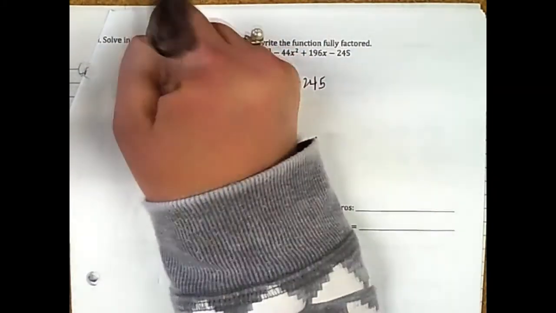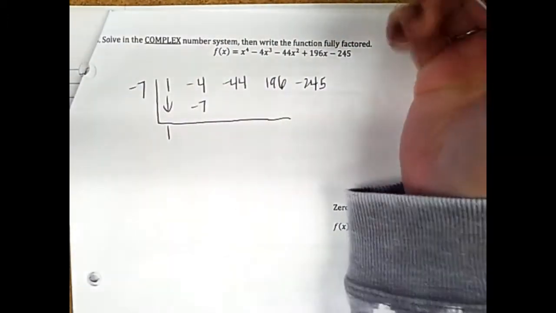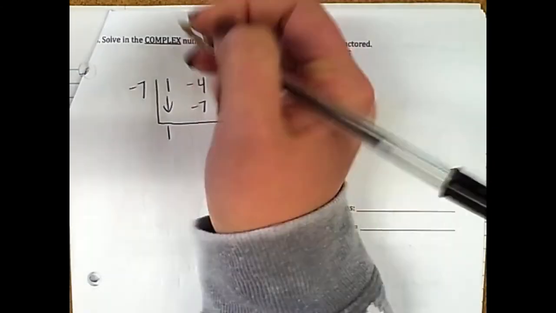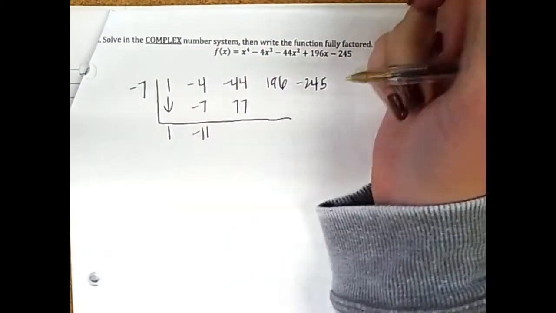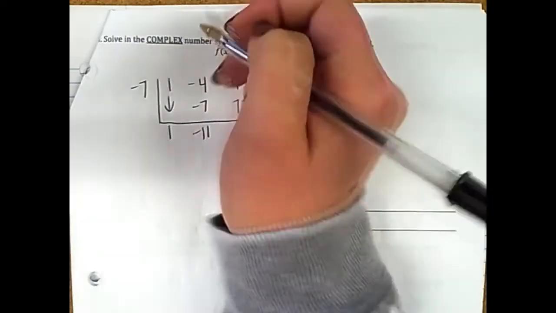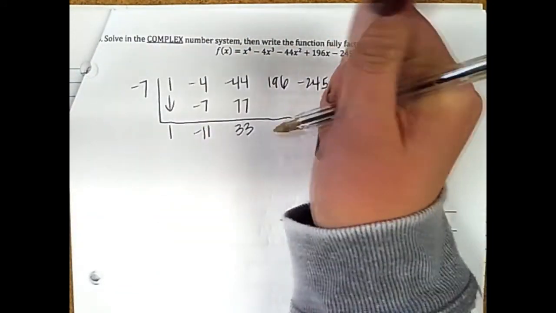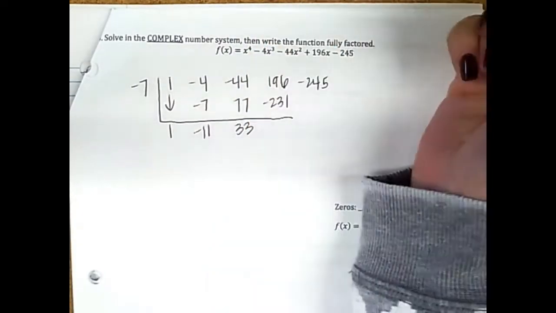So the 1 comes down, and then 1 times -7 is -7. -4 plus -7 is -11. -11 times -7 is 77. -44 plus 77 is 33. 33 times -7 is -231.